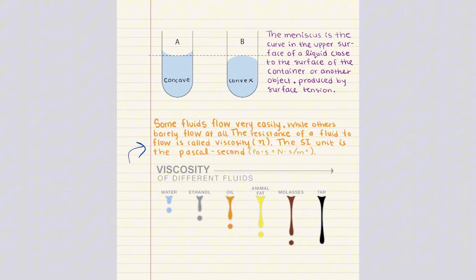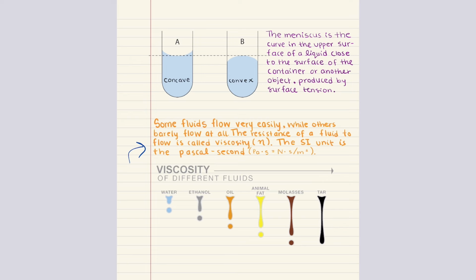Viscosity can decrease, though, with increasing temperature. This is because the added thermal energy allows molecules to overcome intermolecular forces more easily, and that enables them to move more freely. This is why substances like honey flow more easily when they're warmed up.